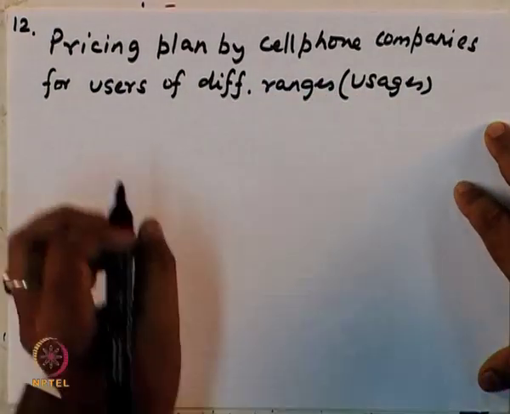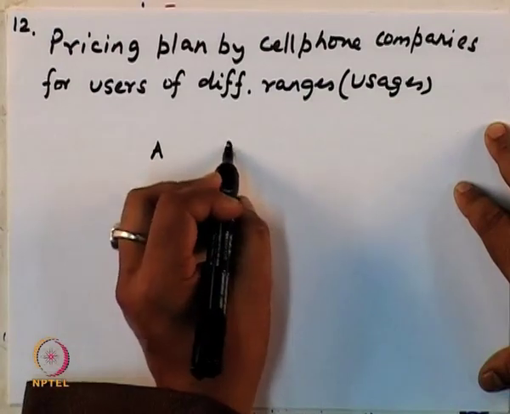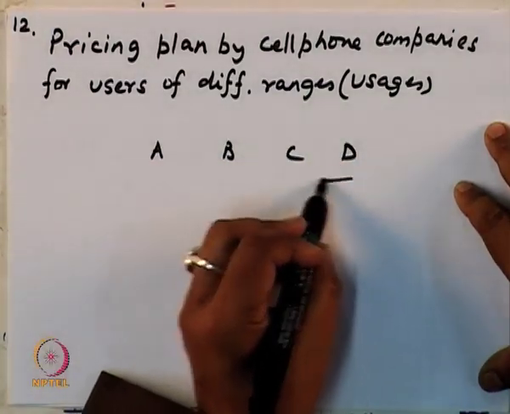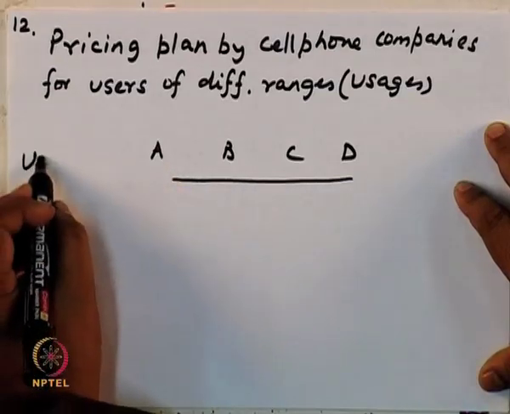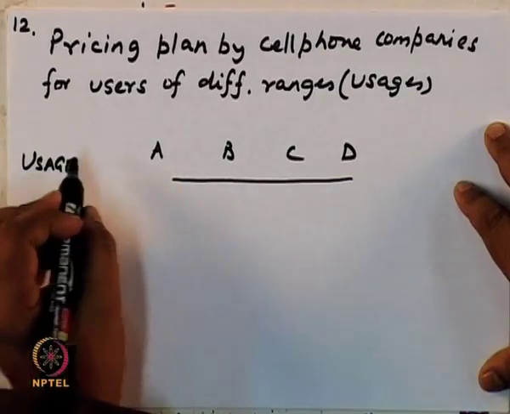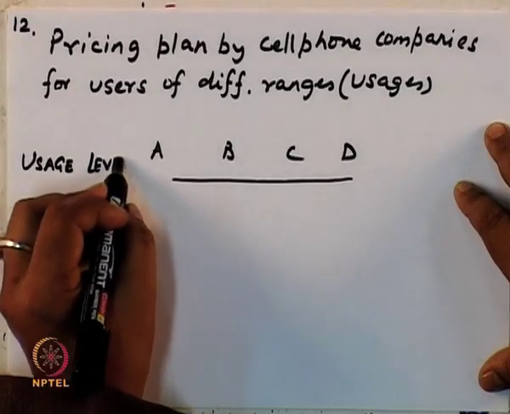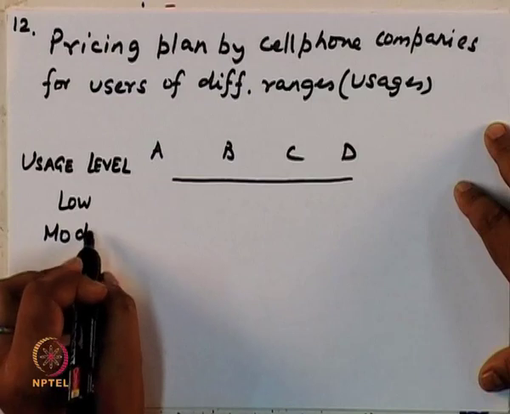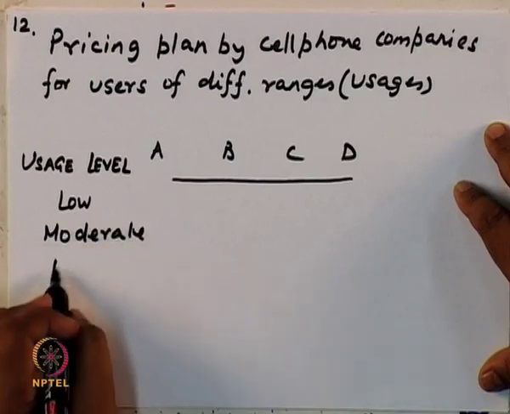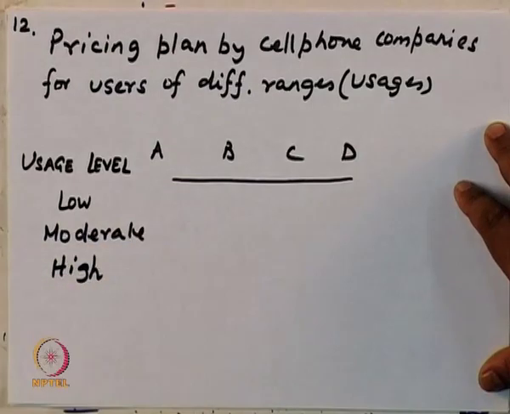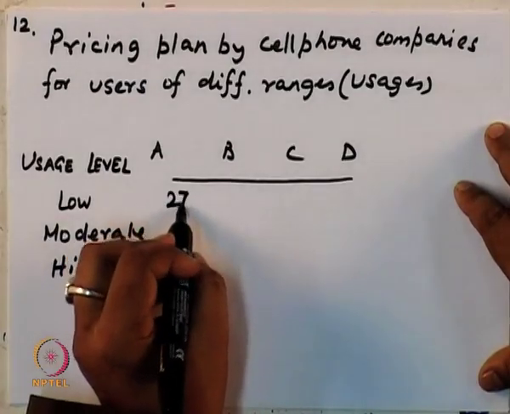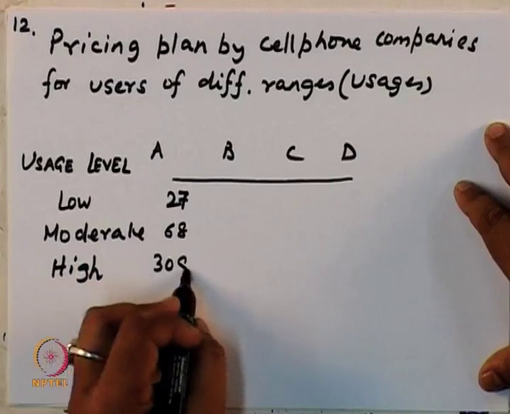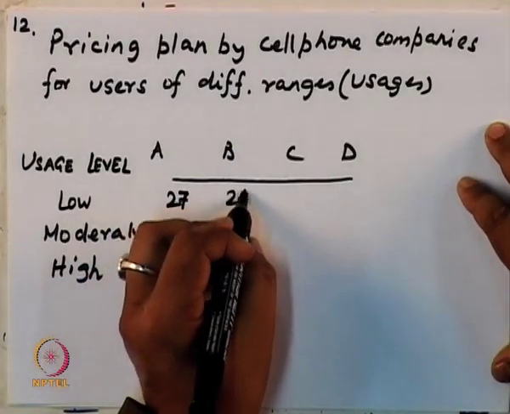Okay. So, imagine there are 4 companies A, B, C and D, and as per the usage level, it can be low, moderate or high, and let us say you have sample rates at which they charge.